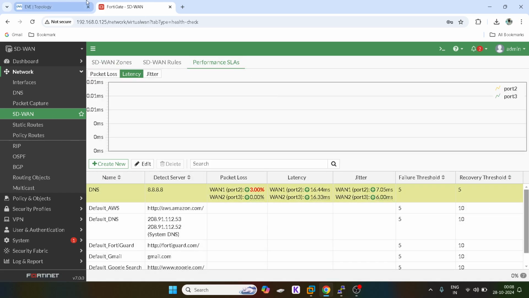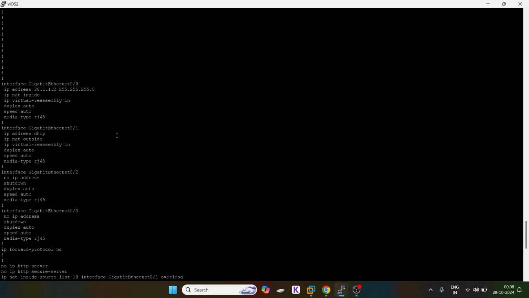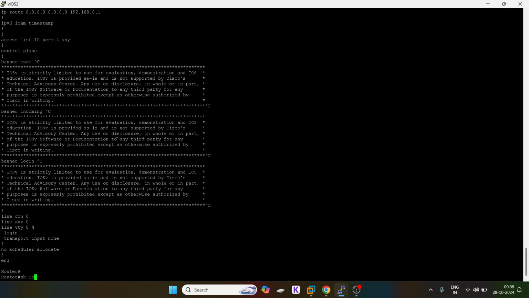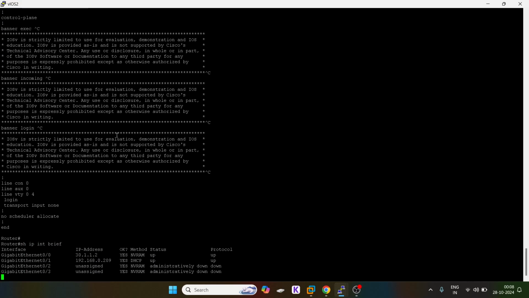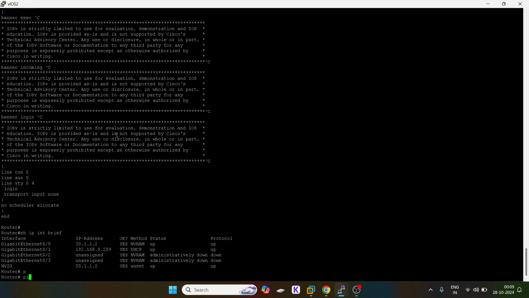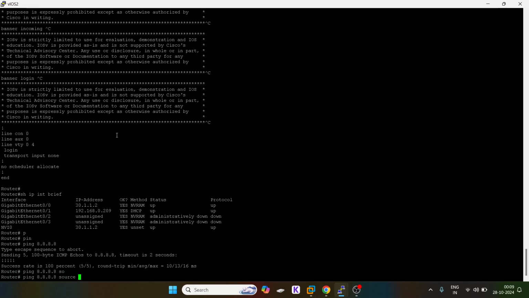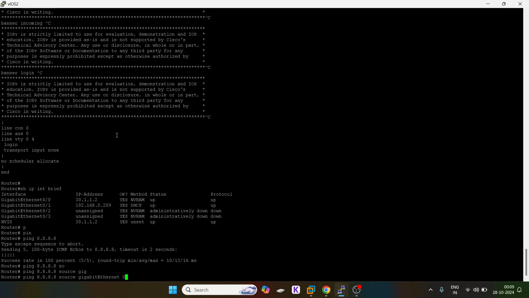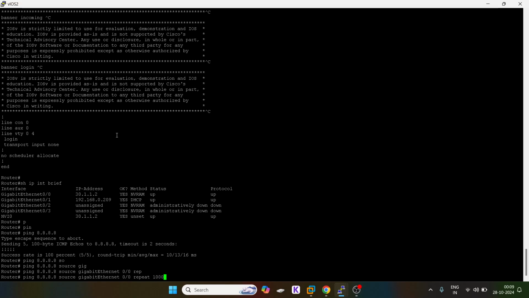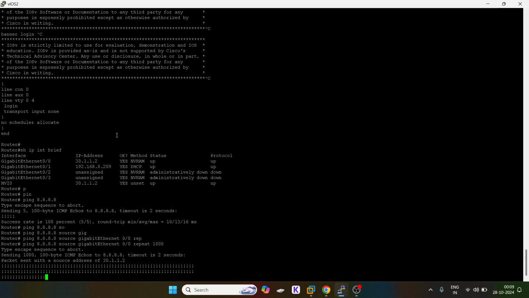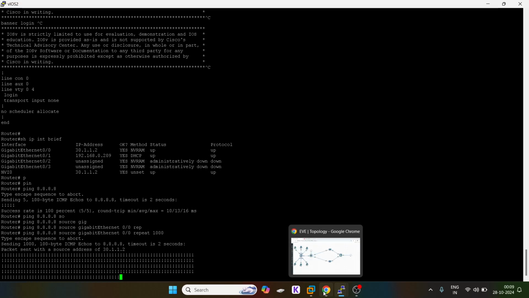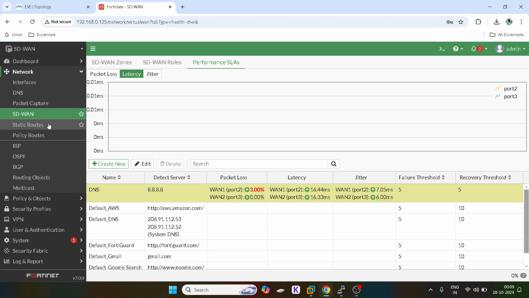Performance SLA. Let me try to ping. But you guys got the concept, right? What is this lab meant to be? There might be some issue on my WAN end.